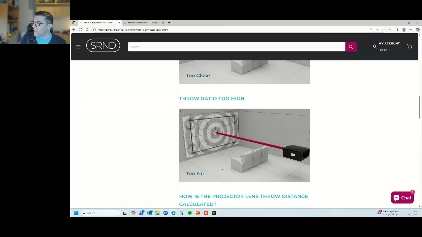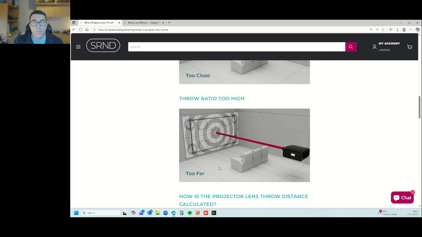Now, I want to go back to this screen here. Why do I feel that that is a more desirable situation? It's because now we have unbelievable capabilities in video processing, and even quite basic projectors have got digital zoom functions and all of that type of stuff.